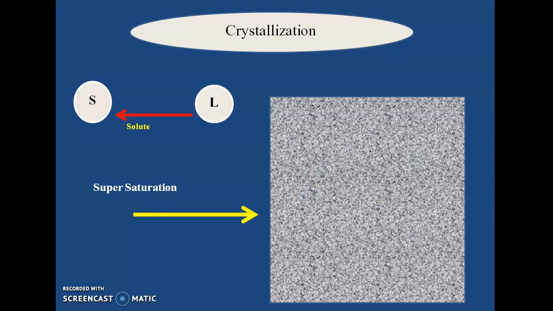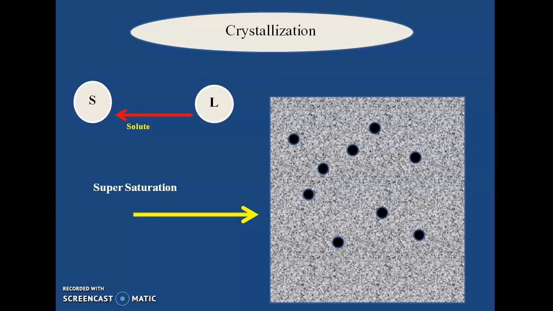First, formation happens through this supersaturation. After that, the growth of these crystals or solid particles happens through mass transfer between liquid and solid. The formed solid particles are called crystals, which have a clearly defined structure, and the liquid solution is called mother liquor.